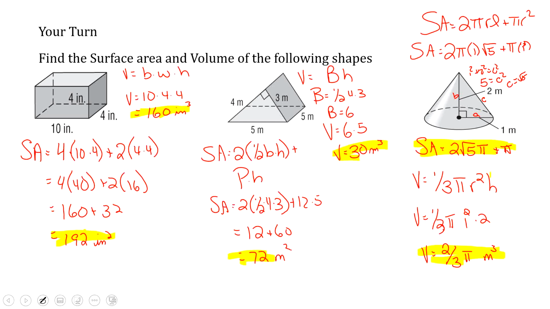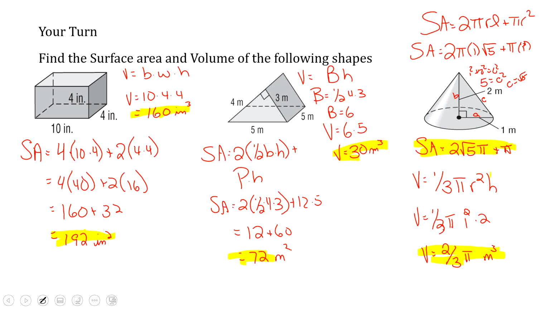And then the surface area of the cone was 2 times pi times the radius times L, which is the lateral face height, which you would have had to figure out yourself by the Pythagorean theorem, a squared plus b squared, with the height and the radius of the base. When we work all that out, the L actually works out to be the square root of 5.